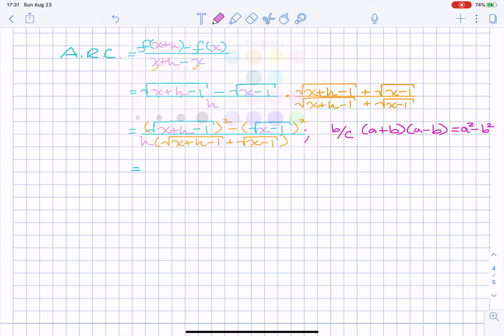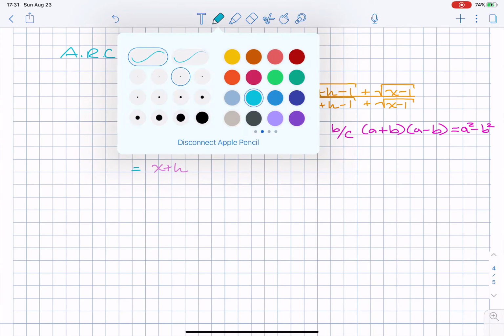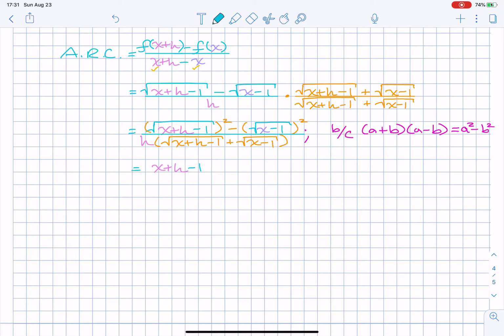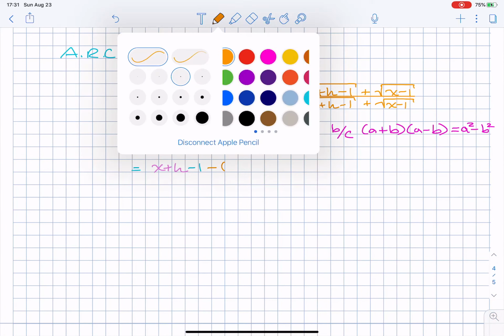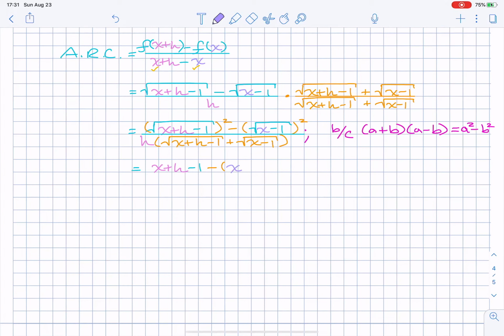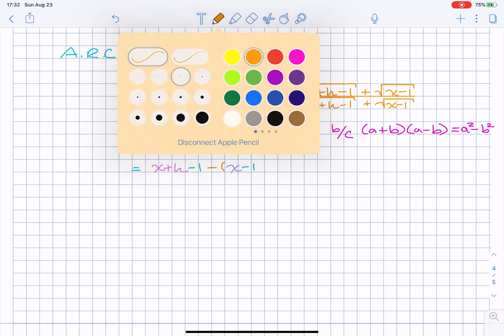So now in the numerator what we get is x plus h minus 1, from which we're subtracting x minus 1. So we're going to need to distribute that negative.